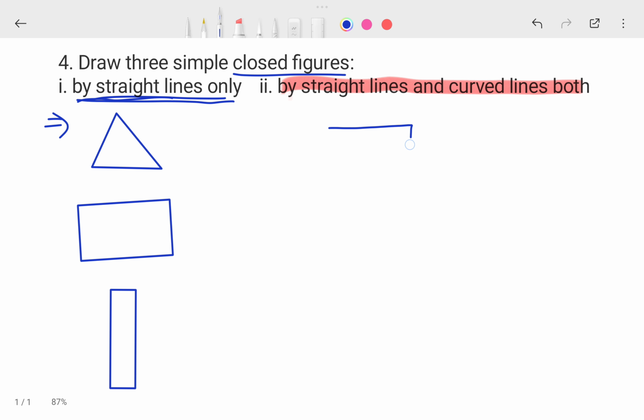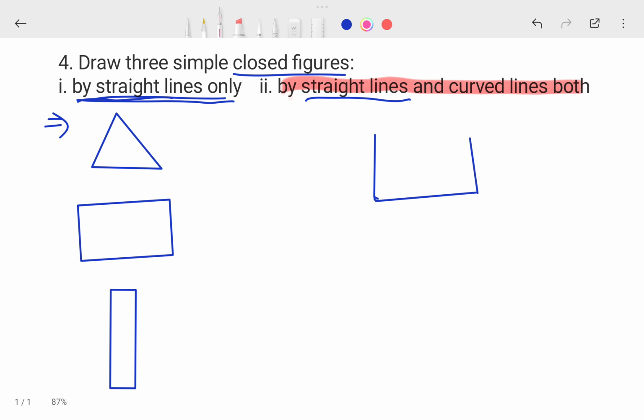Let's suppose this is one straight line. We have to use a straight line also, like this. Just wait a minute. One straight line here, one is here, this is joined, and one is here.